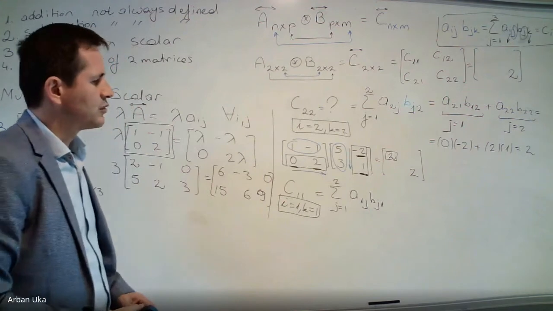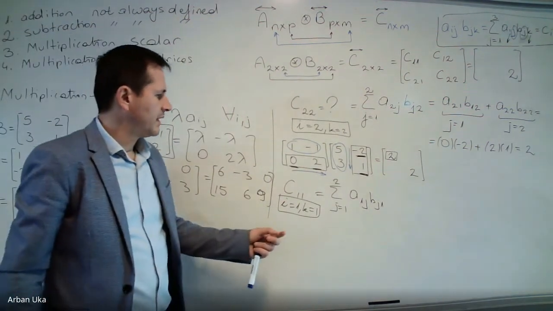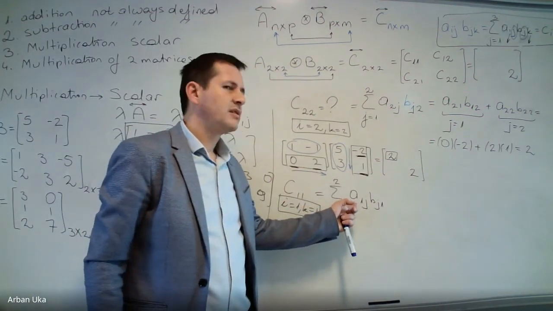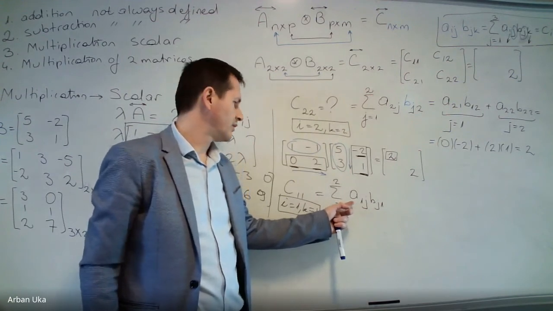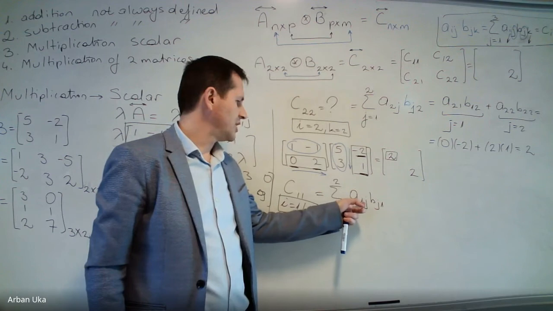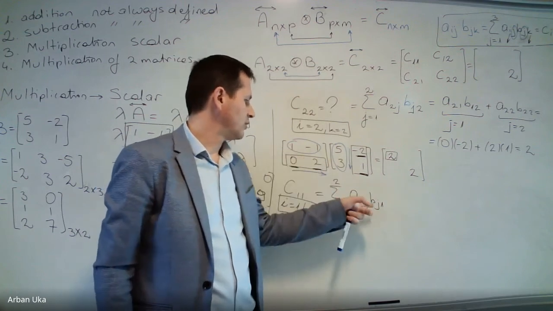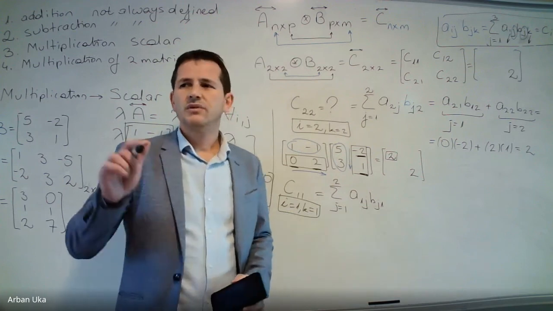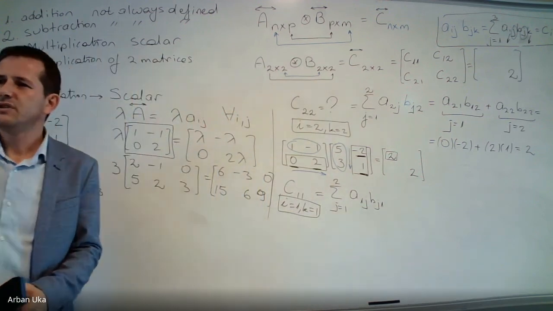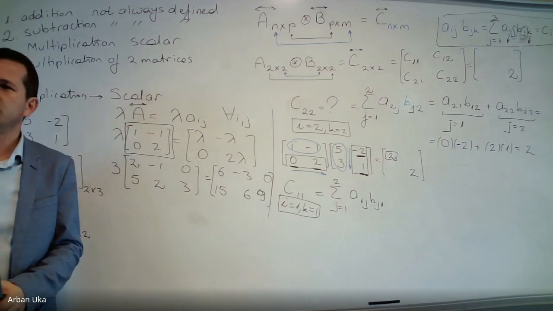In fact, once we see this like this, it looks like the row of A is fixed. So we have to work with the row of A, right? But what is changing is the column, which means that we're scanning the whole row. But when it is BJ1, that means that we have fixed the column. We keep the first column, but we're changing all the rows. So we're scanning over the rows. This is what that means.